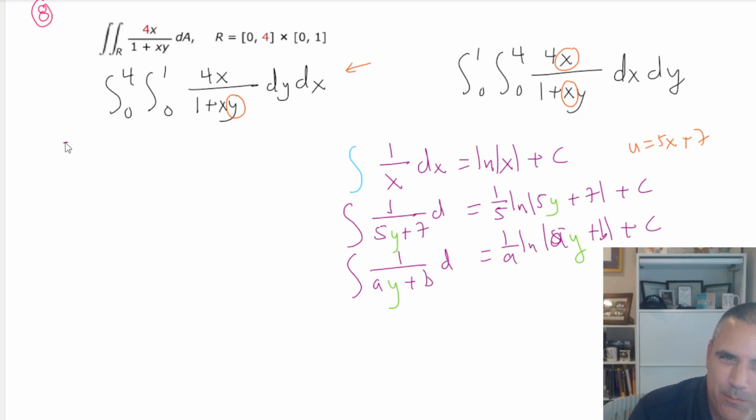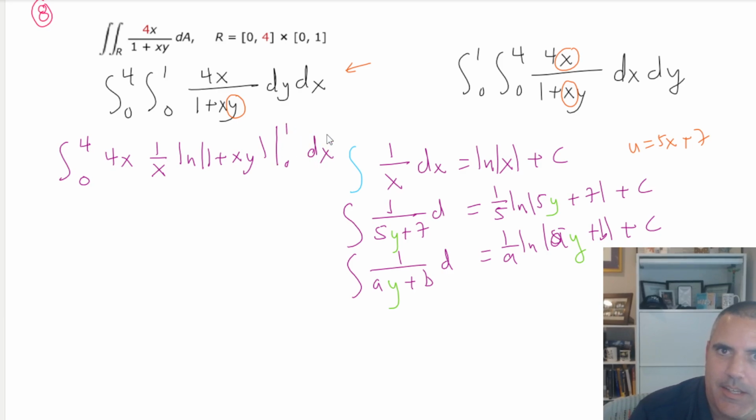So this first step is so critical, or you're in trouble. The 4x doesn't matter, it's a coefficient, but you need a 1 over x. And if you don't write that, you're in trouble right from the get-go. And y goes from 0 to 1, dx, and it's a hooray moment that those cancel.